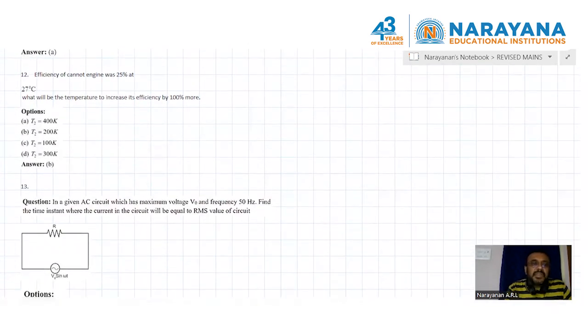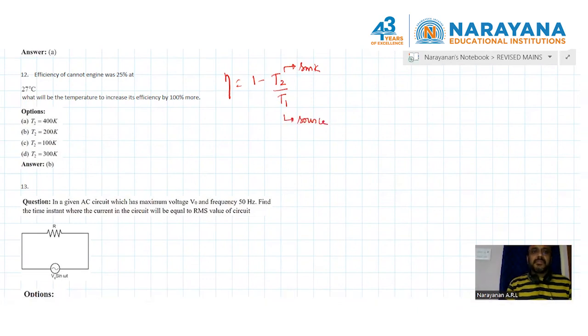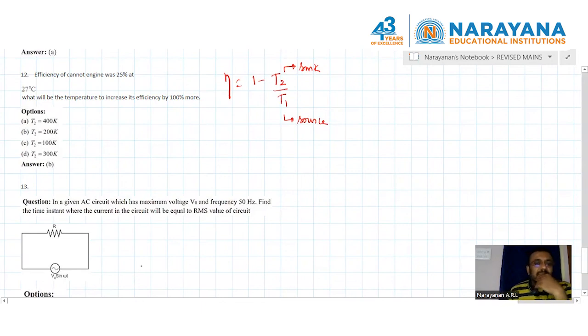This is a relationship related to the efficiency of Carnot cycle. Eta is 1 minus T2 by T1. T2 is related to the sink and T1 is related to the source. In the first part he has given 0.25 equals 1 minus T2 by T1.